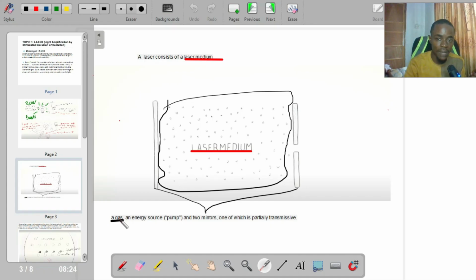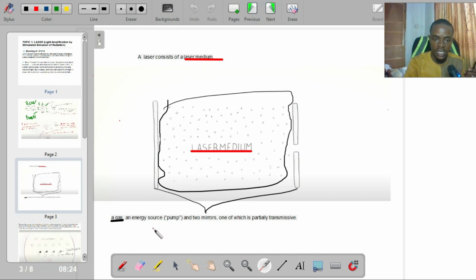The same thing applies to the laser. It already has a gas, but it needs something to ignite it, and that is where we have an on and off switch which generates heat.